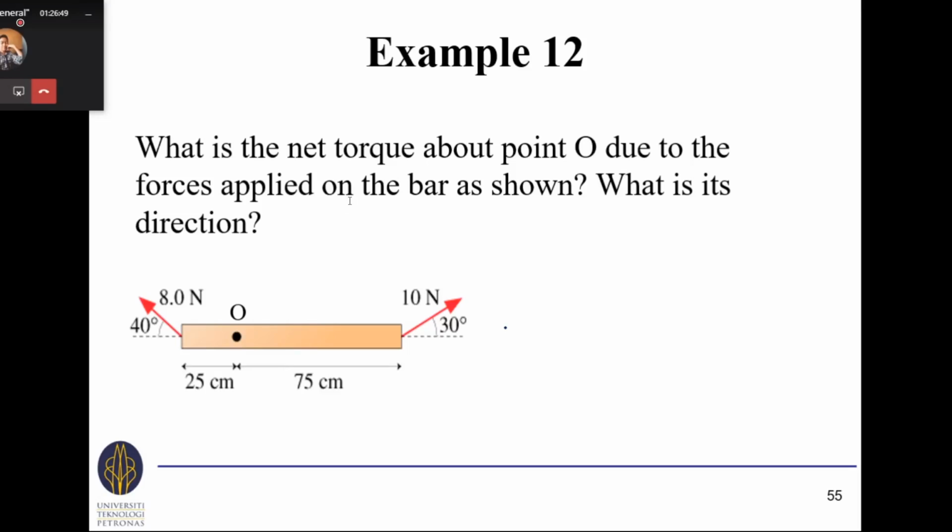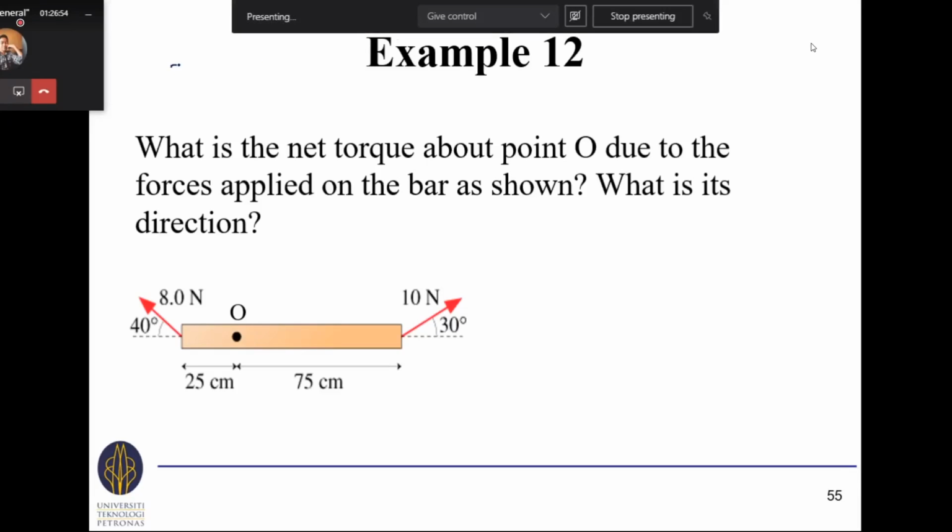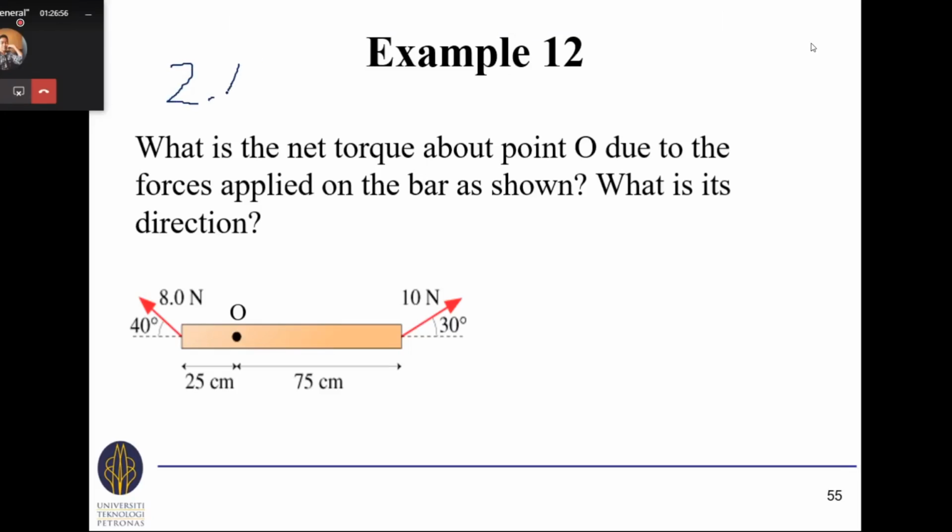The answer should be 2.46 counterclockwise. So please get this answer. If you just put this symbol, it is understandable. You don't even have to write clockwise or counterclockwise, CW or CCW. You just put this symbol, it's already understandable.